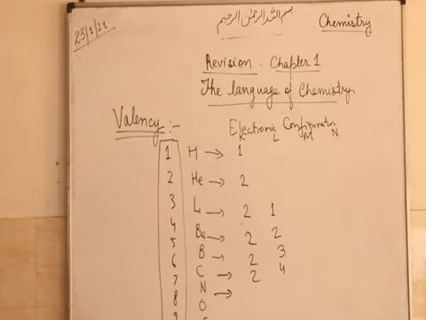Somewhere it is valid, somewhere it is not. Up to 18 there is no doubt, you can apply it. Bohr said that in the second last shell, unless the last shell is filled, only 8 can come. But that is false after 8; more than 8 can come in the second last shell.